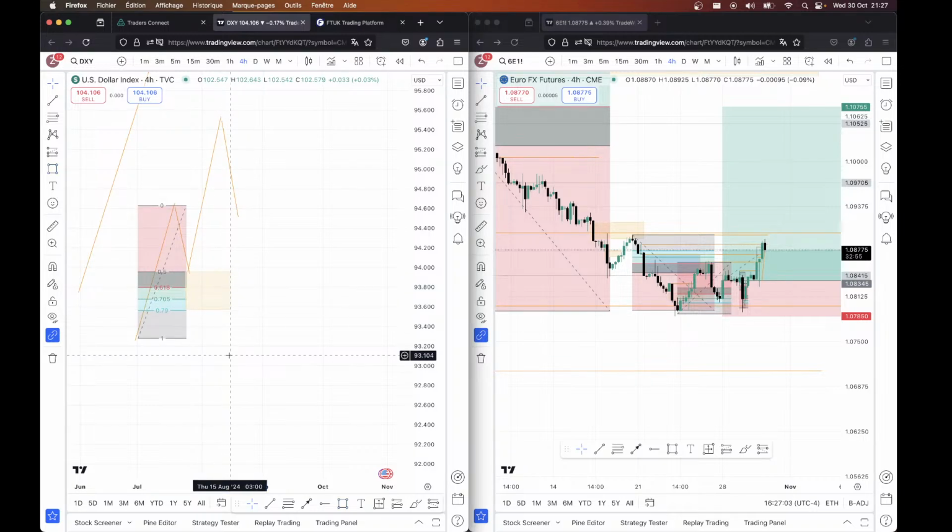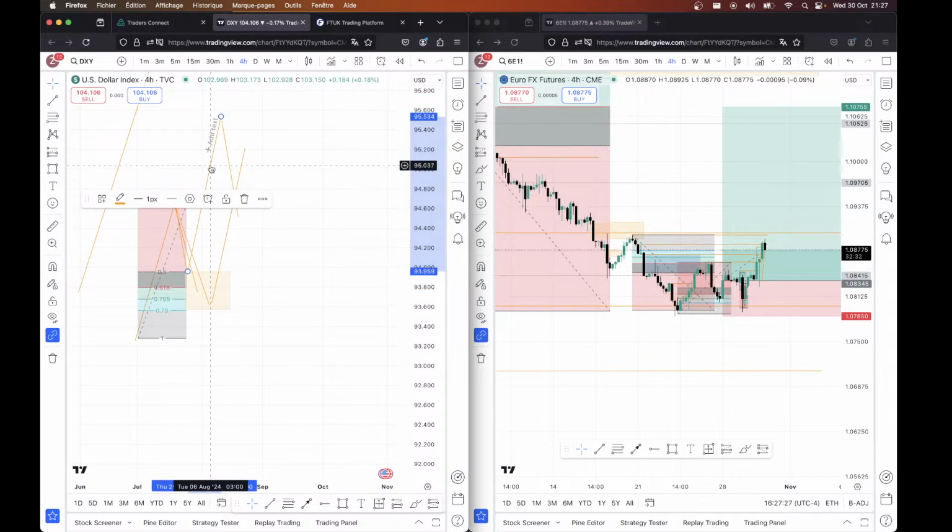Price goes down into this zone and then inverses. It could be something like this, it could be something deeper, or it could be something very light like this. Each time I see this, I consider this uptrend valid.